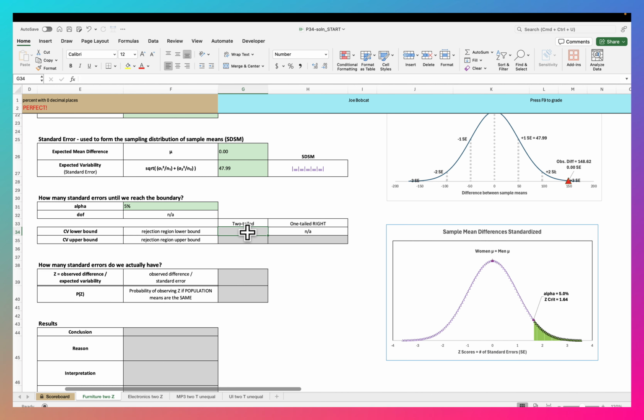Okay, so the lower bound of the critical value is given by NORM.S.INV, and then it's going to be of this probability.